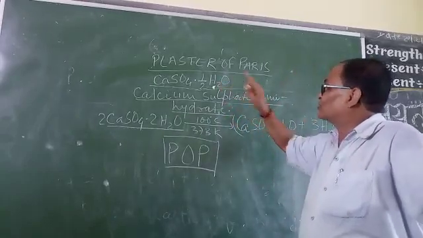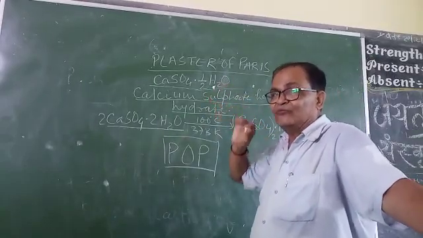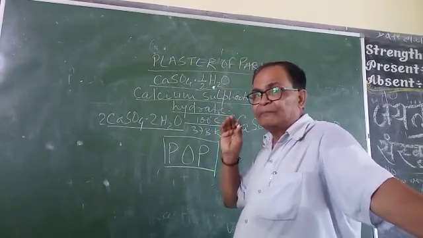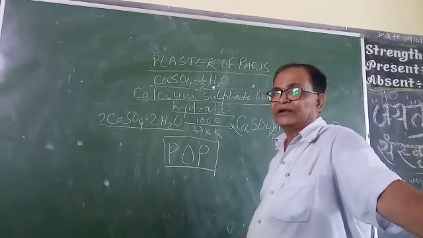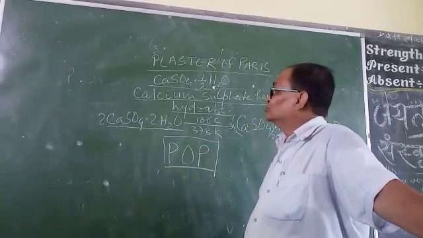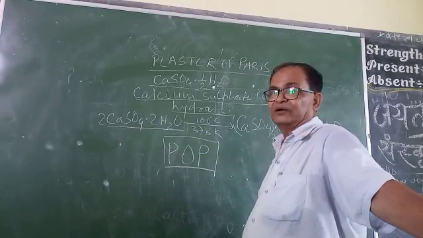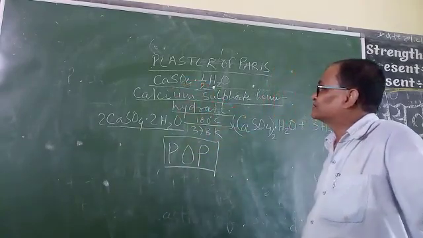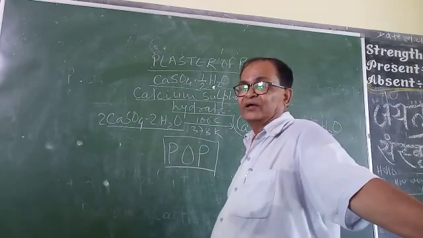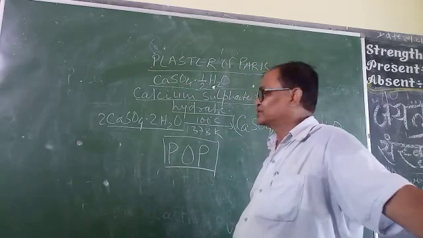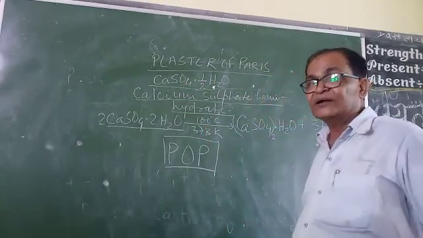So it is called POP, and we know that gypsum is found in Paris in abundant amount. Due to this reason, this chemical salt calcium sulfate hemihydrate is called POP, that is plaster of Paris.